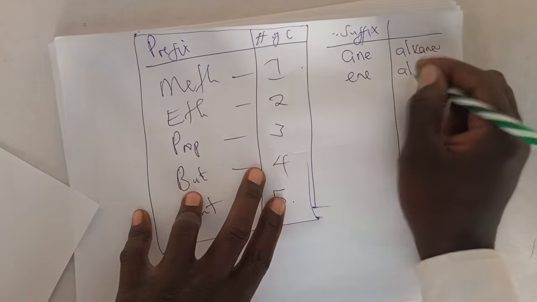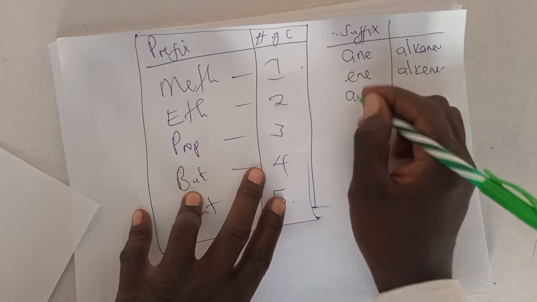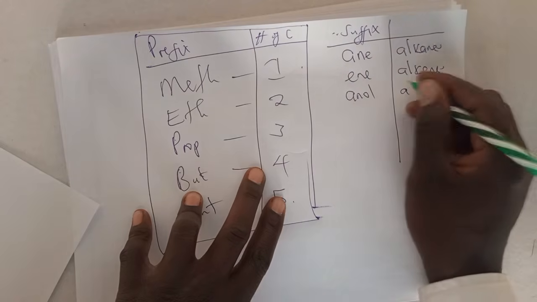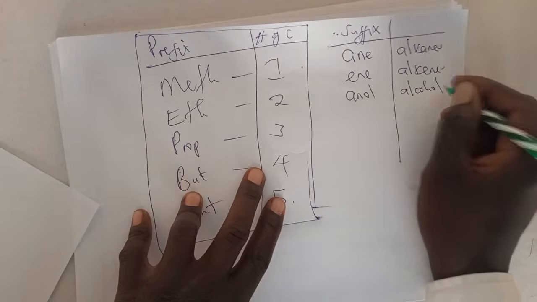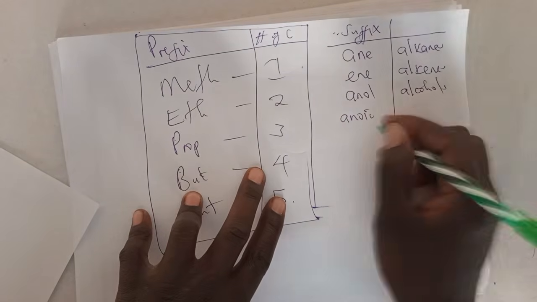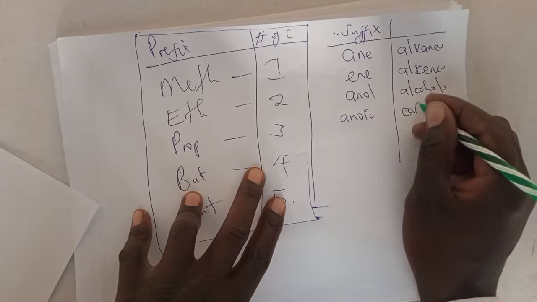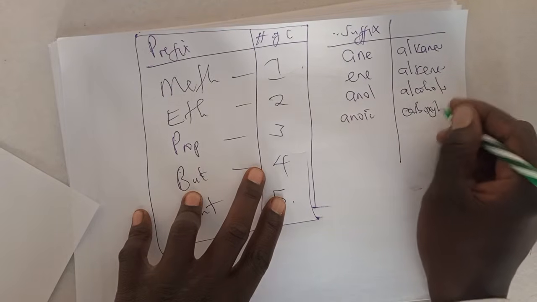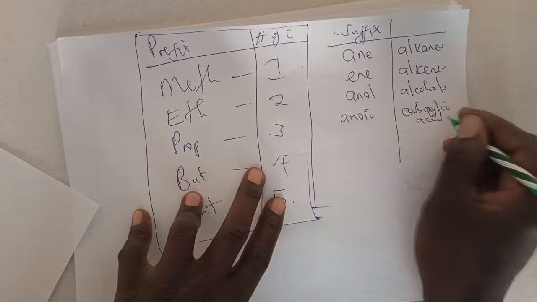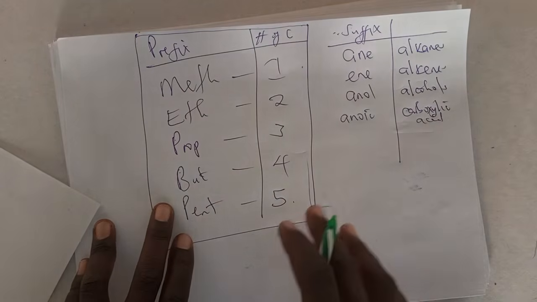You have anol, alcohols or alkanols. You have anoic, which is basically organic acids or carboxylic acids. So these are some of the things that you need to basically know in organic chemistry.